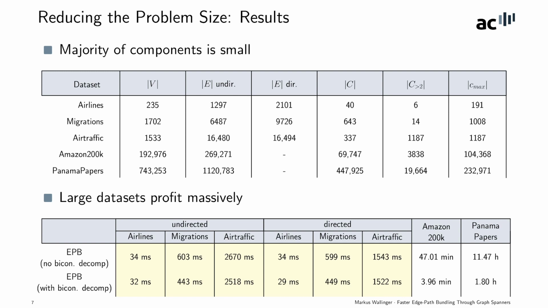However, it seems like they don't gain that much, mainly because of the overhead of performing a biconnected component decomposition and computing the subgraphs. Now, for the larger datasets, however, it drastically improved the runtime. If you look at the Panama papers with 700,000 vertices and more than 1 million edges, it improved the runtime from 11.5 hours to 1 hour and 80.